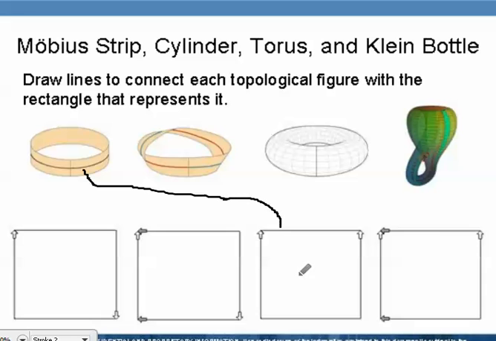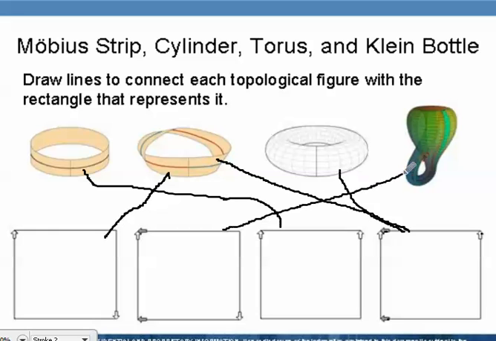If I have two lines going this way and two lines going that way, this one is going to be the Mobius strip. This one is going to be the torus. This one is going to be the Mobius strip, and this one is going to be the Klein bottle.